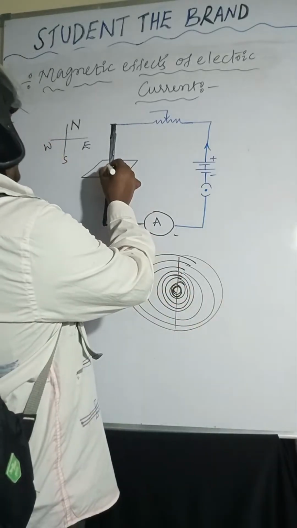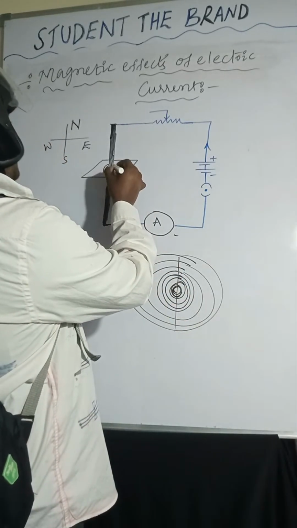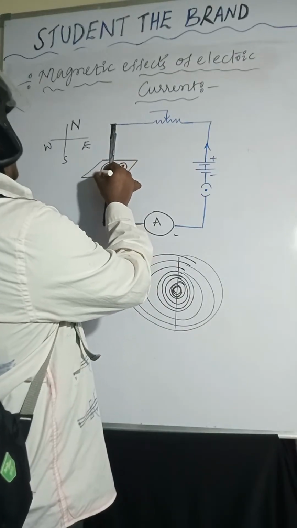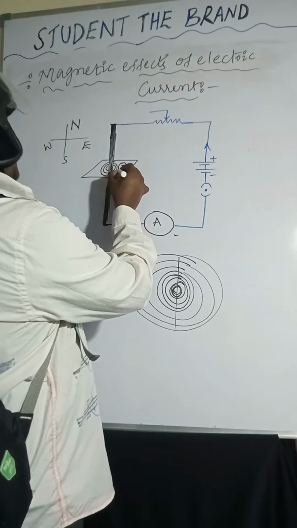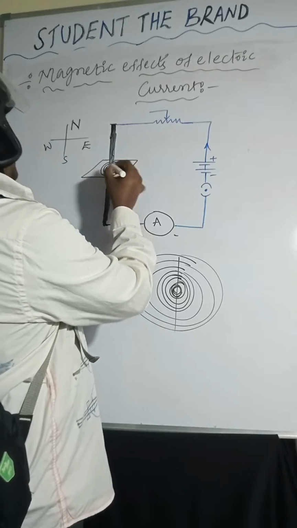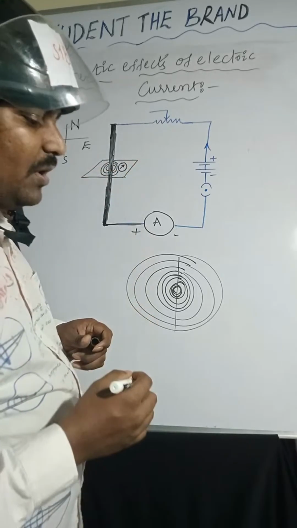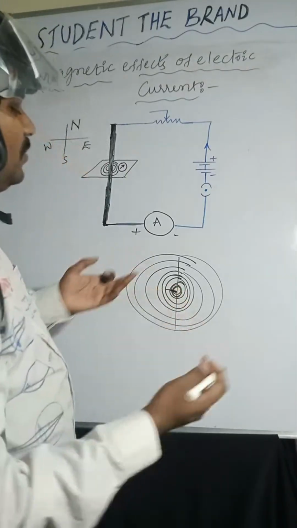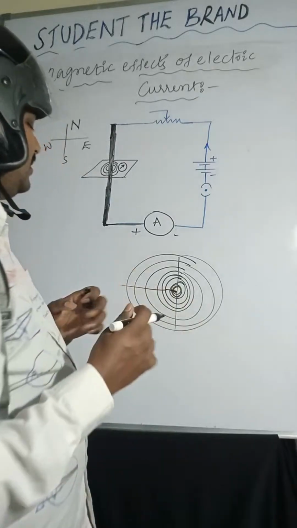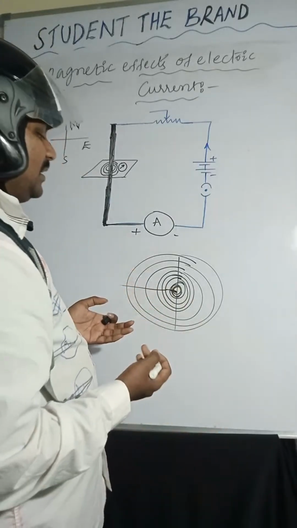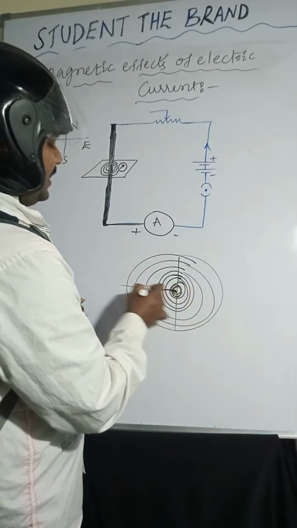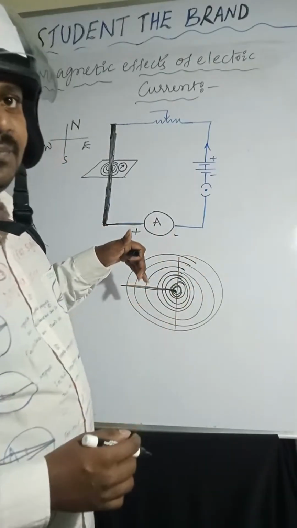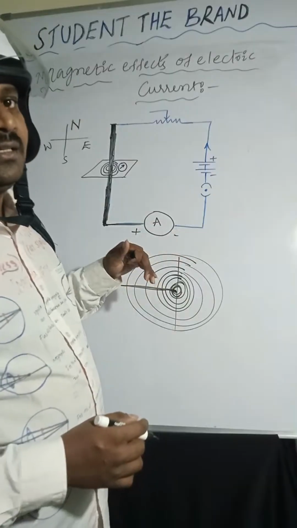As you keep moving away from the conductor, the magnetic field reduces. Why? Because it depends on the distance from the conductor.